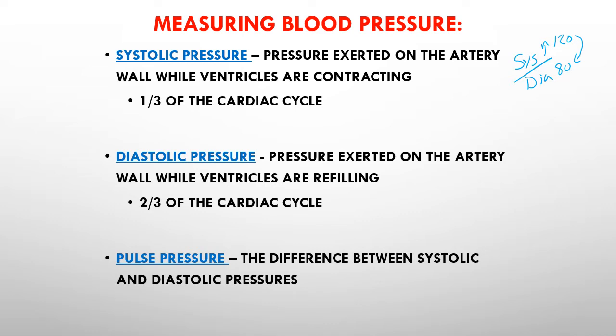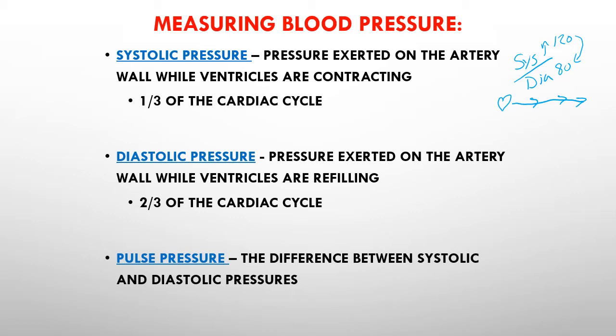They're refilling, and the blood, as it's moving through the system, is always moving away from the heart. And so the pressure in it is going to be dropping and dropping until we reach the next contraction. Then the pressure starts to rise again and we bring it back up to that 120.